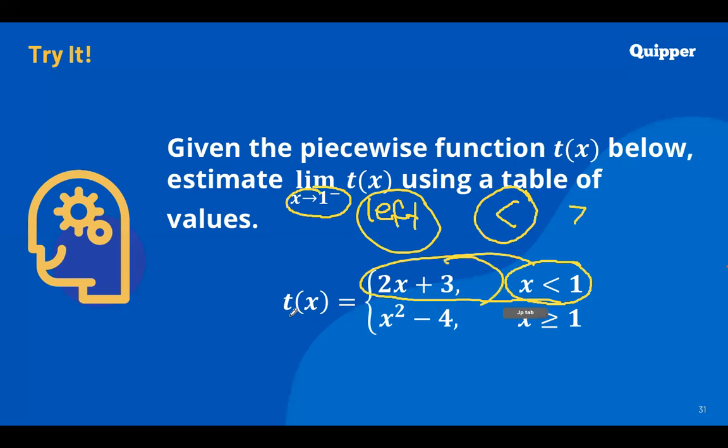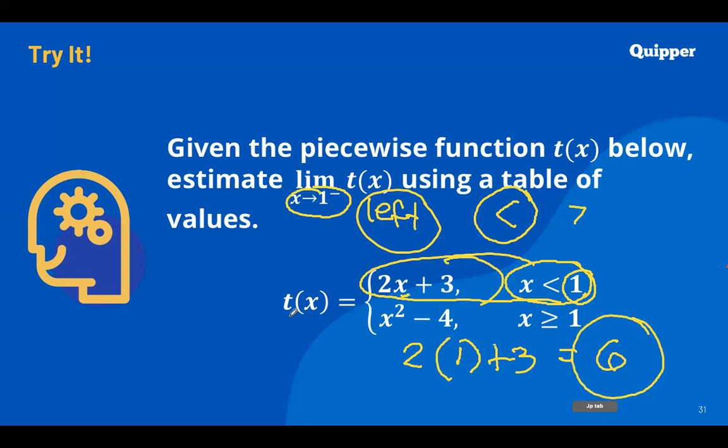I will just change x as 1. So if we answer that one, 2 times 1 plus 3, we have the answer 6. And that will be the limit of t of x if x approaches 1 from the left.